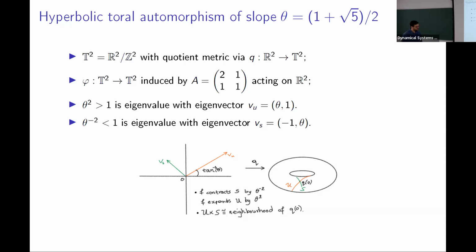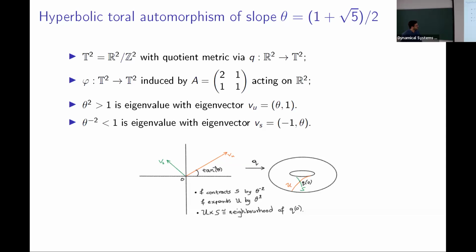To theta to the minus 2, which happens to be smaller than 1, and the Vu, which corresponds to the eigenvalue theta squared, and happens to be greater than 1. And this means the following. If you apply the diffeomorphism, I should have written here not f, but phi in this picture.